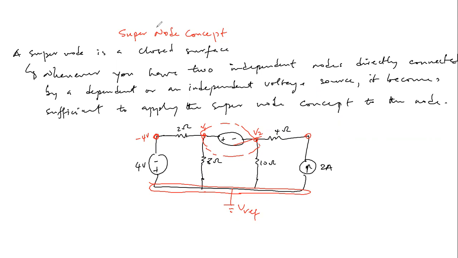So let's wipe this, for instance, and say this time we have a dependent voltage source in between. Let's make it simple.